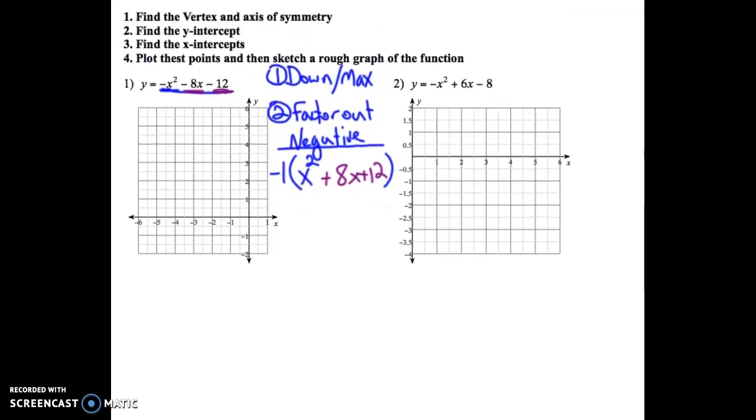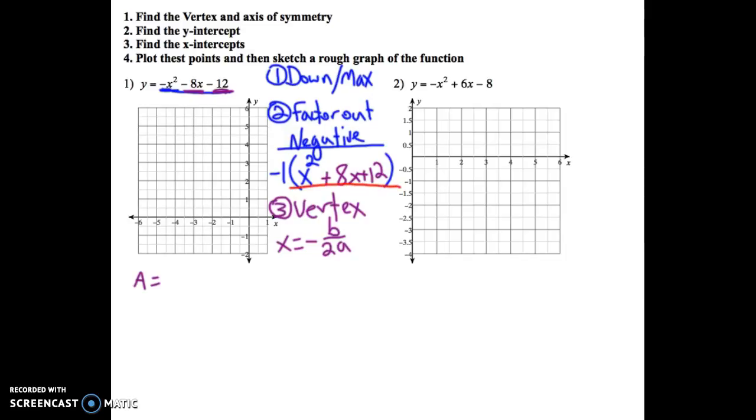So to find the vertex, you're going to use the formula. The x value equals negative b over 2a. That is the formula you always have to use. And again, I'll label my a, b, and c. Now I'm going to reference the whole purpose of factoring out the negative: now I get to work with a positive, friendly function.